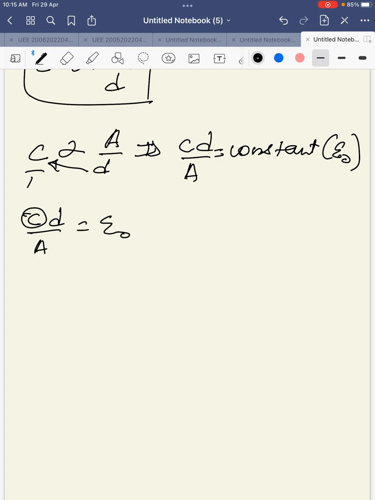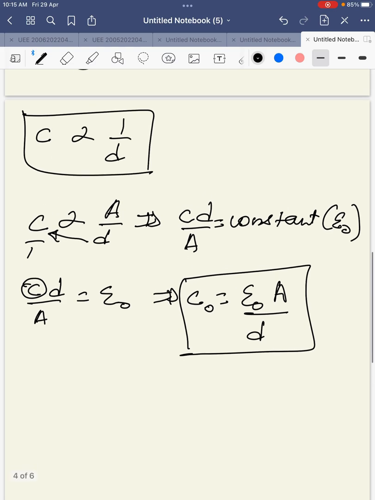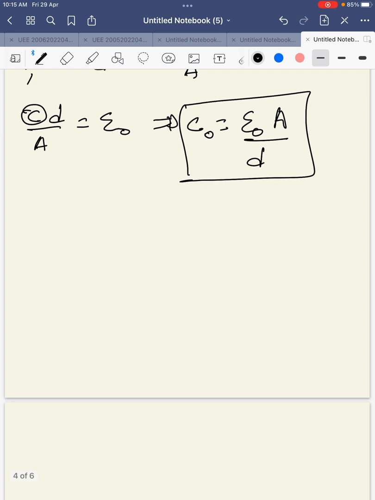Can you make C the subject? Yes, C is equal to epsilon naught A over D. This is the capacitance of a capacitor when there is no dielectric. Therefore, we had better say C naught, meaning capacitance without dielectric. We are going to see what a dielectric is. Epsilon naught is 8.85 times 10 to the power of minus 12 Coulomb squared per Newton meter squared.